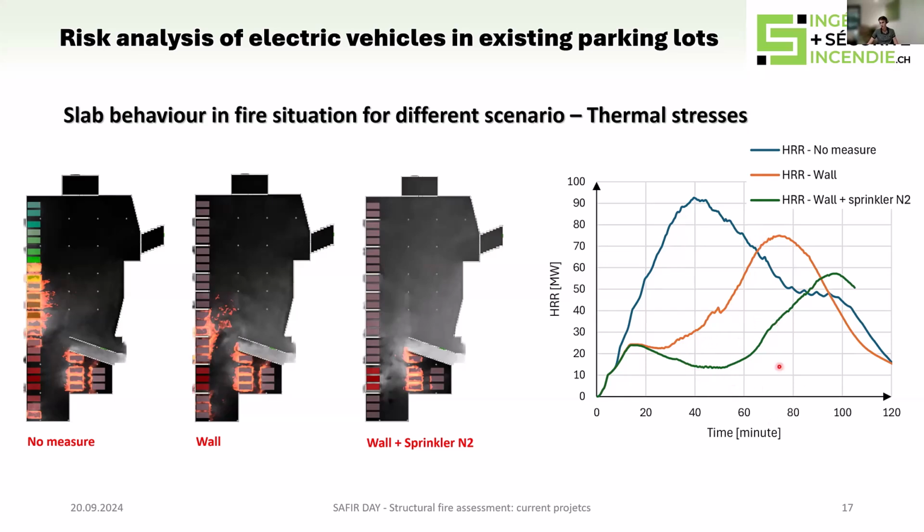What is interesting is to see that with sprinkler, we have a limitation of the heat release rate, and then there is the cooling phase here, but after 60 minutes, we can have the fire spread, even if the sprinkler installation is here.